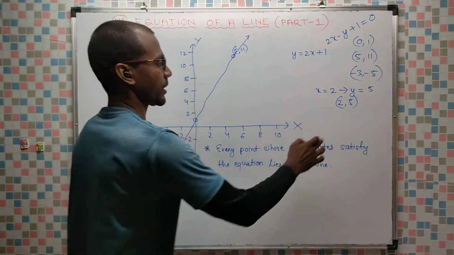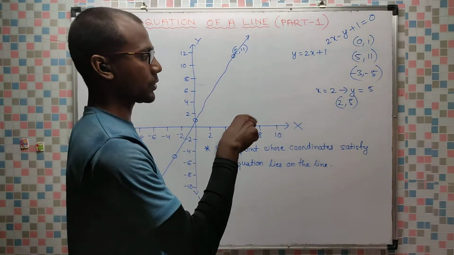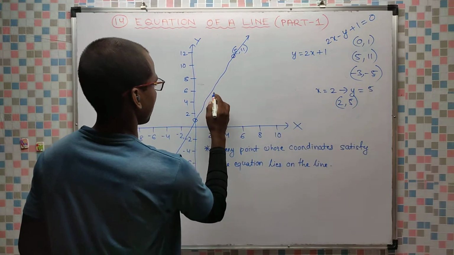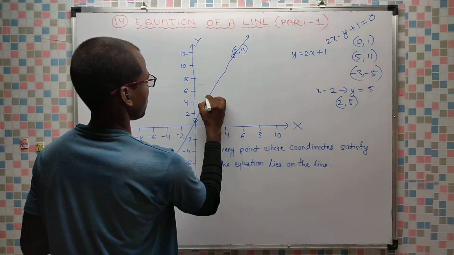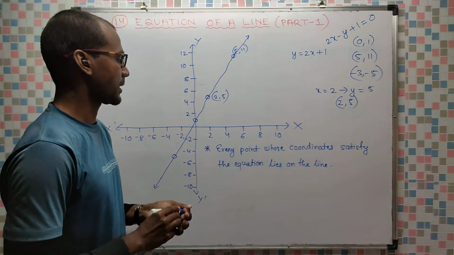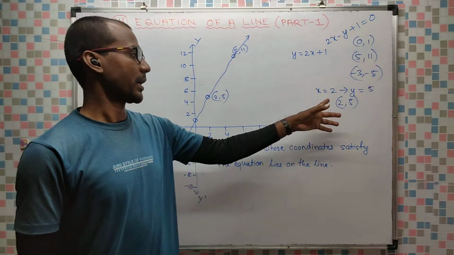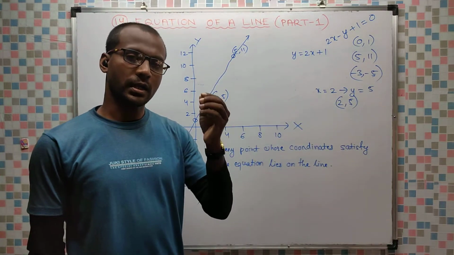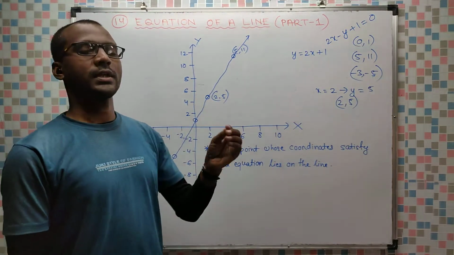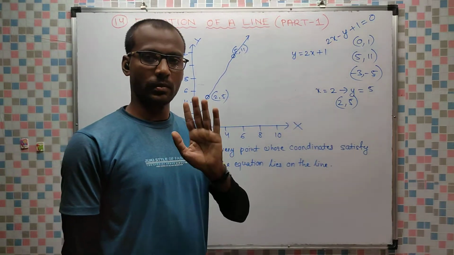If we locate this point (2, 5), we will see that it lies on the line. So remember this, every point whose coordinates satisfy the equation lies on the line. I have taken only one point. You can take any number of points you want and check. You will see that every point that satisfies the equation definitely lies on the line, if you have drawn accurately.